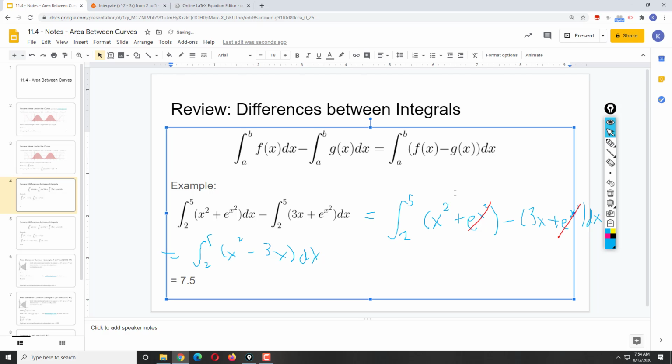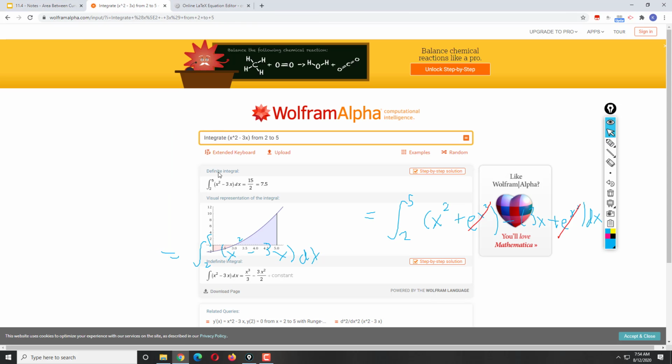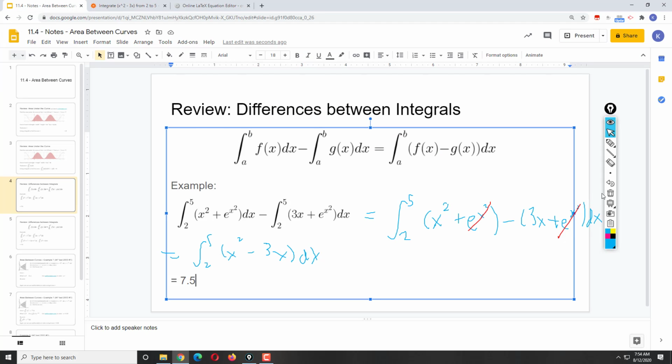And that's it. Our integrand is actually negative from 0 to 3, but that's okay, because adding a negative number and subtracting mean the same thing. Okay.